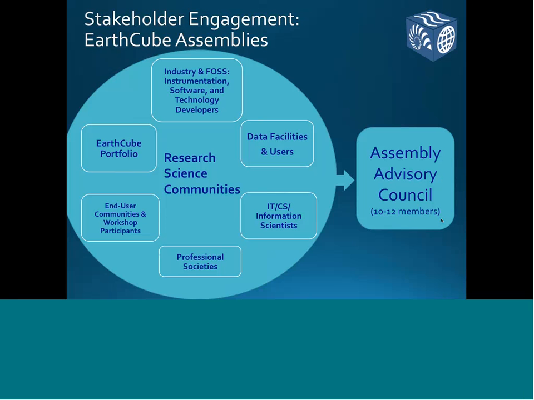The ITCS information scientist is another community that's been identified, and there will be a workshop for them. And in fact, is that going on right now? Is that the one going on now? I believe it is. Professional societies include AGU, the American Geophysical Union, the Geological Society of America, the American Meteorological Association, and some others.